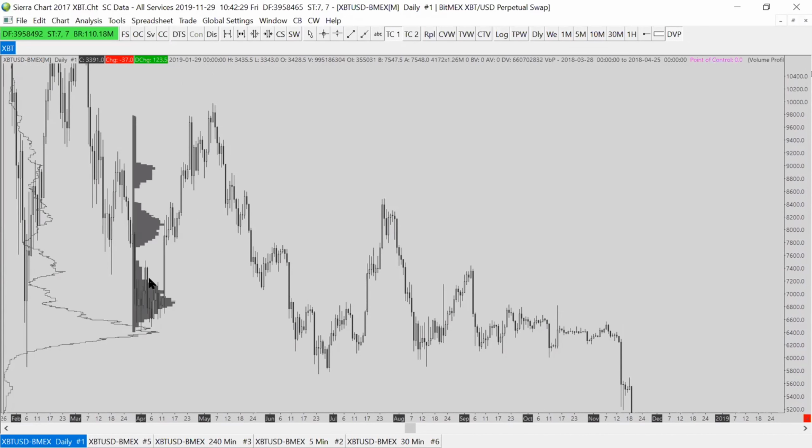Period of consolidation, price breaks out. After that sharp move higher, you generally want to be looking for and taking trades at this volume shelf here.